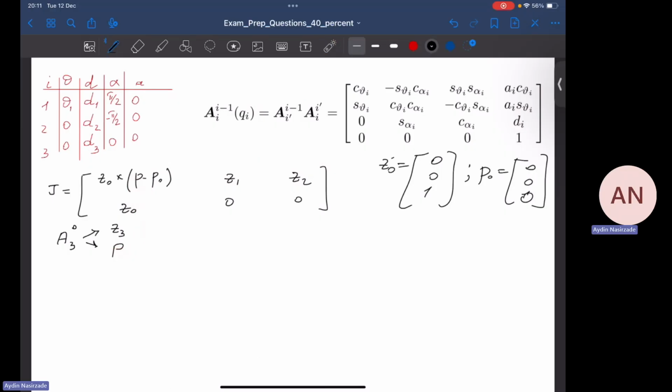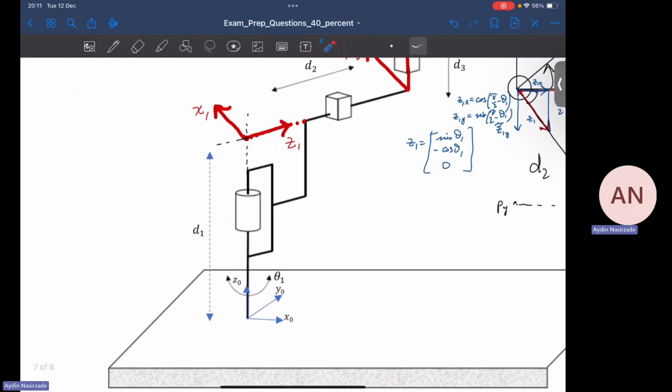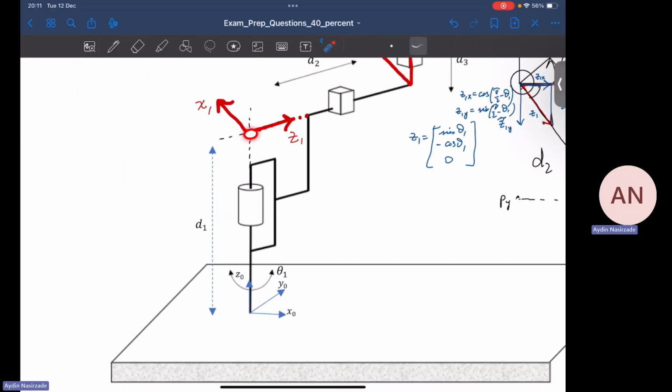What about Z1? Z1 can be found from the matrix A1 to 0. This 4x4 matrix gives me Z1, the vector Z1 that I use here, and P1, which is the origin of this point with respect to the base frame.